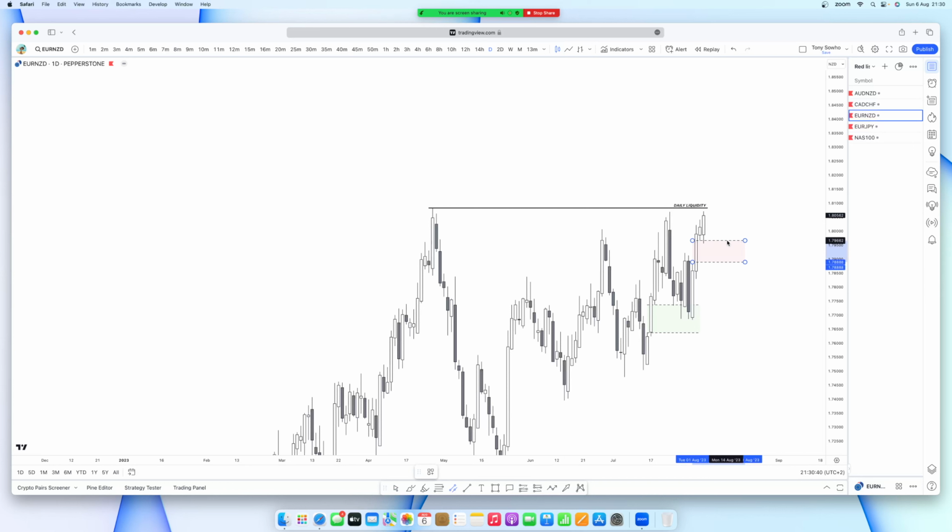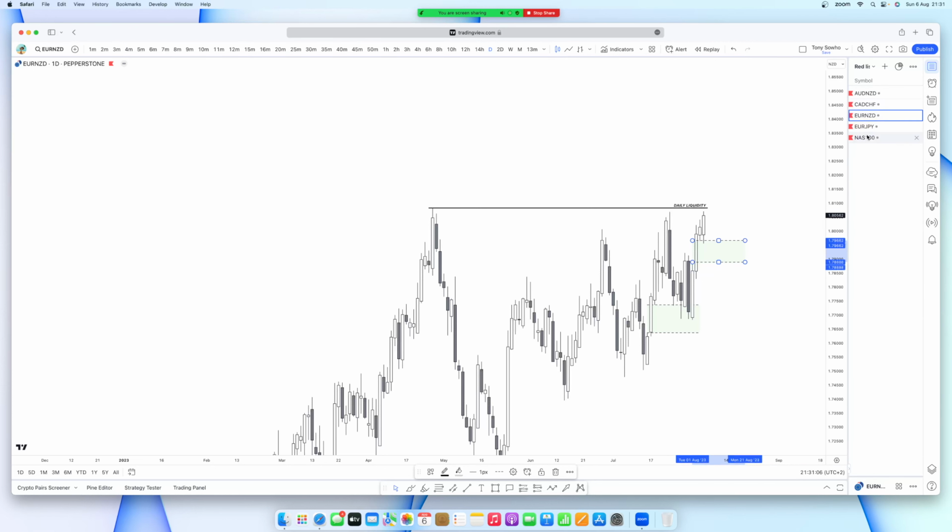Already on Friday, you can see they came into the imbalance and gave the accumulation from there. So I just hope they will come back down and give us another discount before going up, or they could just blast through. Price could even spike up at market open, but let's see.